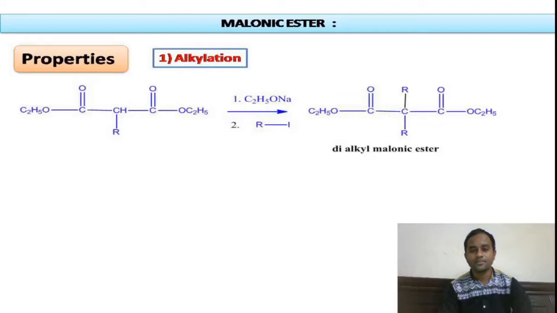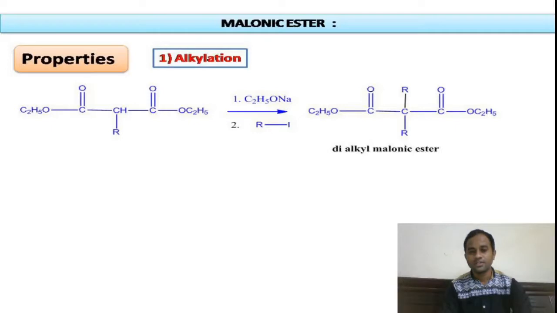Since this active methylene compound has two hydrogens on the active methylene carbon, it will also undergo further alkylation. That means this monoalkyl malonic ester, upon subjecting to the base, that is sodium ethoxide, followed by reacting with the alkyl halide, will give the dialkyl substituted malonic ester as the product.